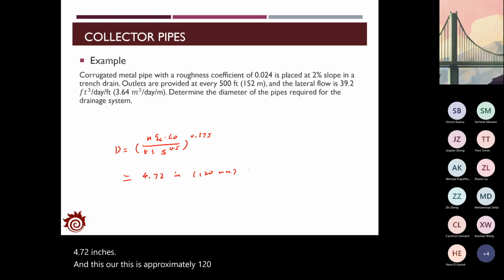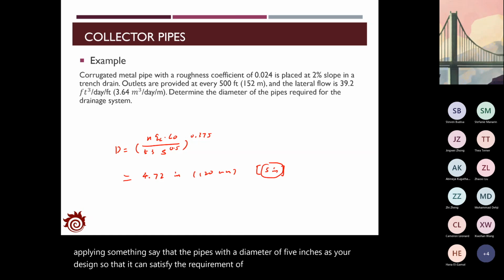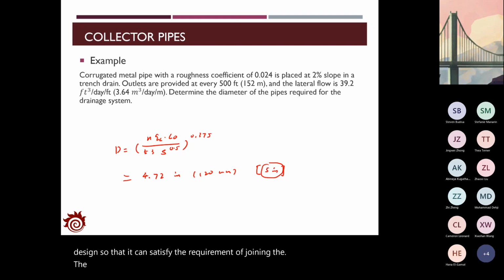So with that, you can consider applying pipes with a diameter of 5 inches as your design, so that you can satisfy the requirement of draining the lateral inflow of 39.2 cubic feet per day per feet.